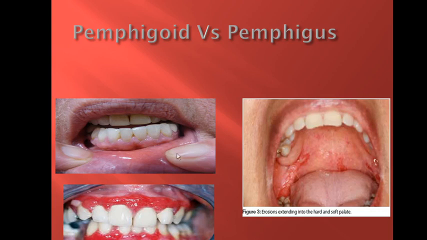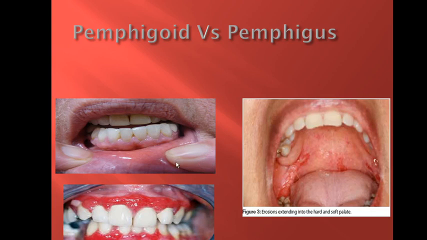Sometimes pemphigoid may look like hives or eczema without blisters. Can you see they look like hives without blisters? Here we have blisters. This is the difference between pemphigoid and pemphigus.